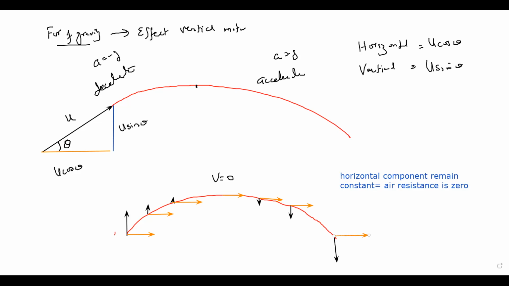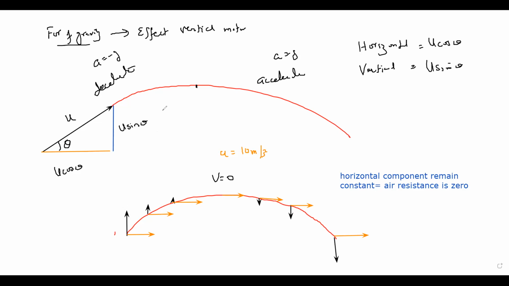So if I consider the acceleration due to gravity, or deceleration due to gravity, it is 9.8, but for explanation I'm taking it as 10. So when it is going up, the vertical component is decreasing, and when it is coming down, the vertical component is increasing.